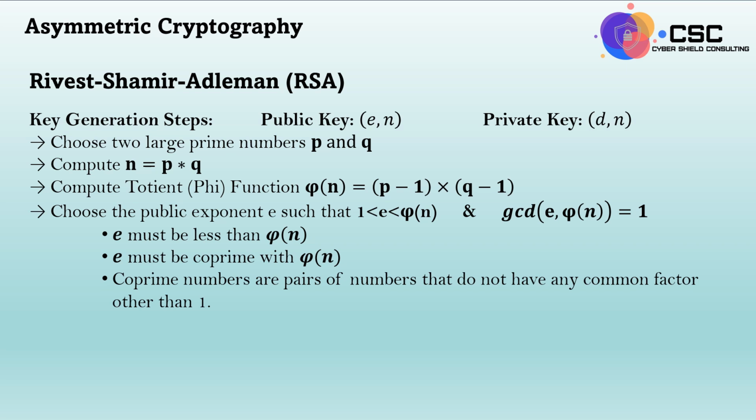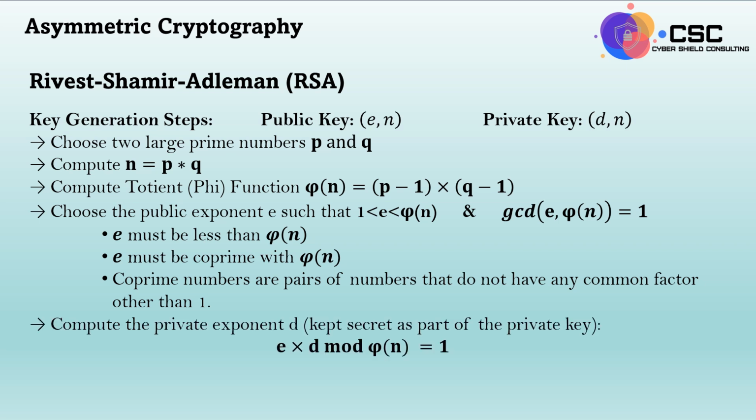Coprime numbers are numbers that don't have any common divisors except for 1. Choosing the right e ensures that encryption functions correctly. Finally, we calculate the private exponent d using the equation e times d mod totient equals 1. This private key, d and n, must remain secret, while the public key is shared openly for encryption.